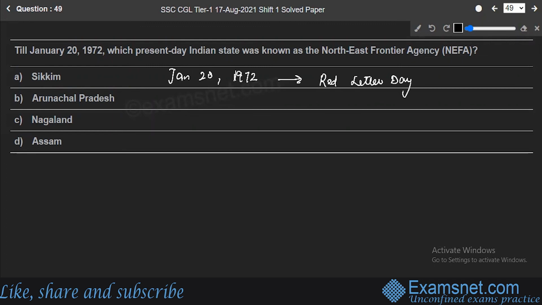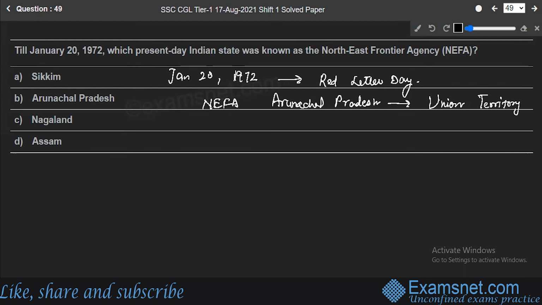Why? It was, after all, on this date that the Northeast Frontier Agency, NEFA, was renamed as Arunachal Pradesh and gained its status as Union Territory.